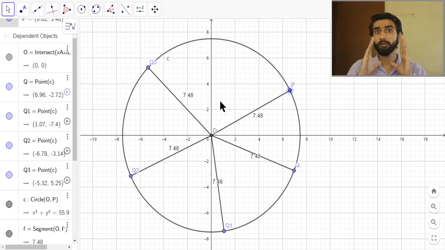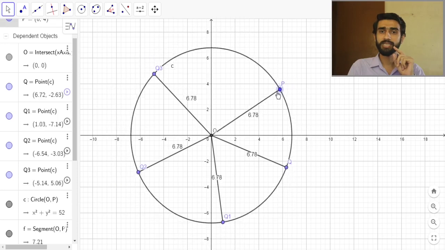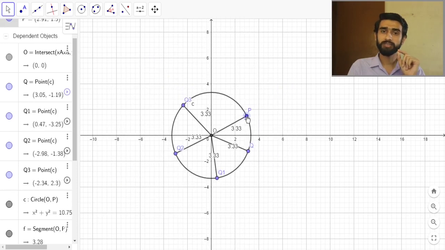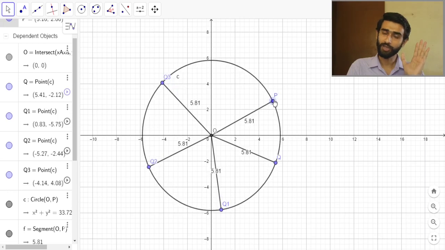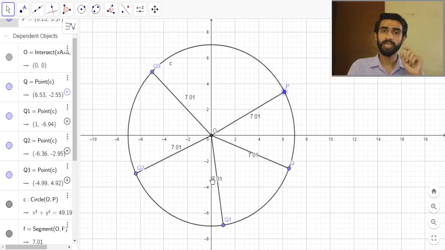Now we will see the power of equivalence relation. If I change only one point P, you will see that it always remains a circle. Only the distance will change because they are equidistant. This relation is an equivalence. This is the meaning of equivalence relation.